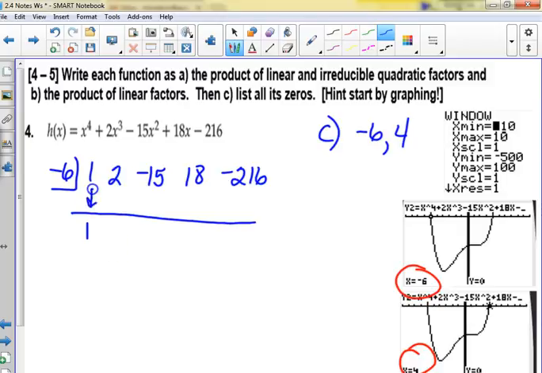Okay, bring this down, multiply, add, multiply, add. Did I do that right? It did work, didn't it?